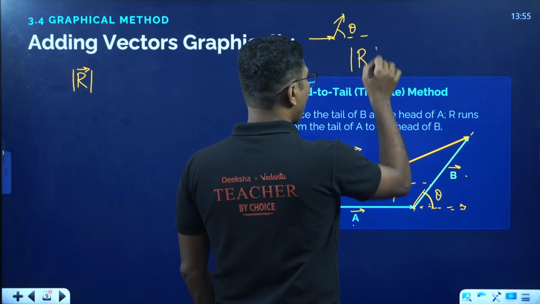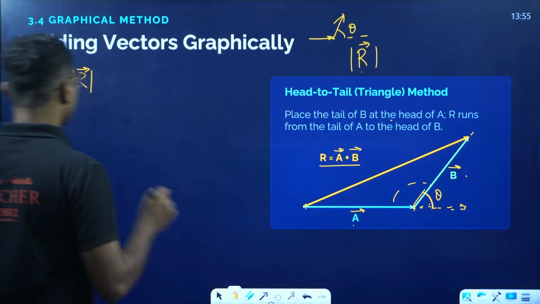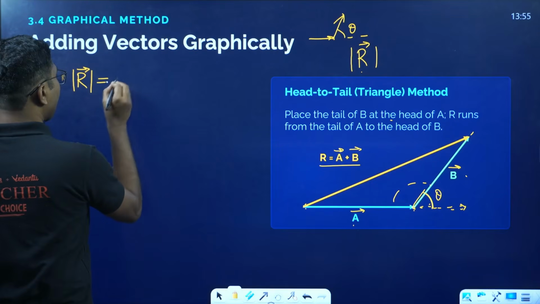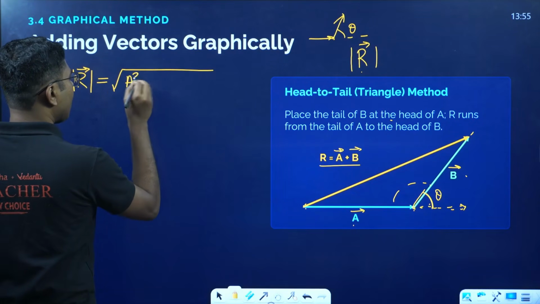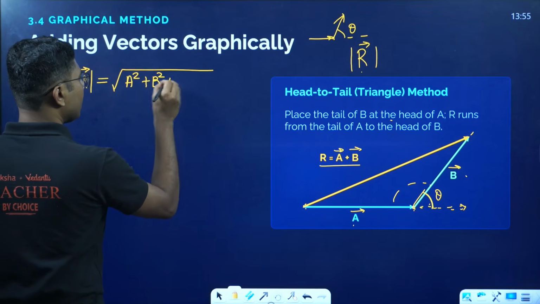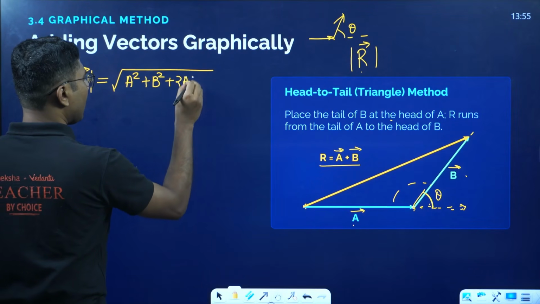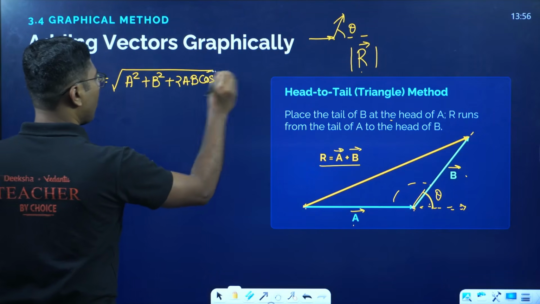Mod means only the value. So the R vector is given by the square root of A square plus B square plus 2AB cos theta.